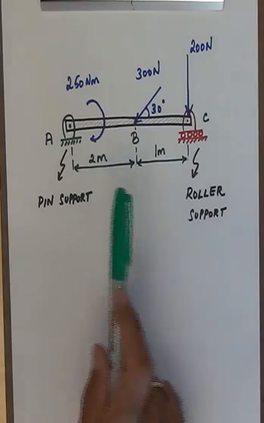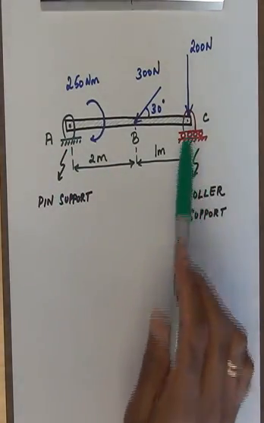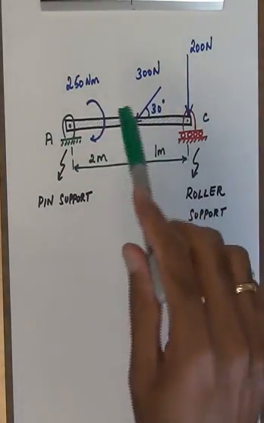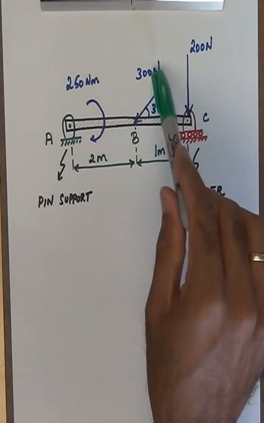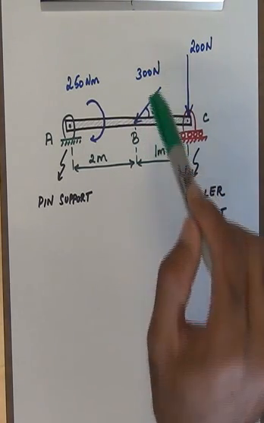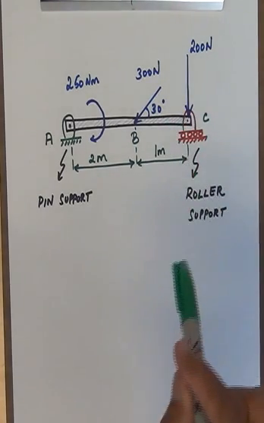Alright, so we have a rigid body ABC. It is pin supported at one end, it has a roller support at the other end, and these are the loads acting on the rigid body: a couple moment of 250 Newton meters, a force of magnitude 300 newtons acting at an angle of 30 degrees with respect to the horizontal, and then a force of magnitude 200 newtons acting vertically downwards.